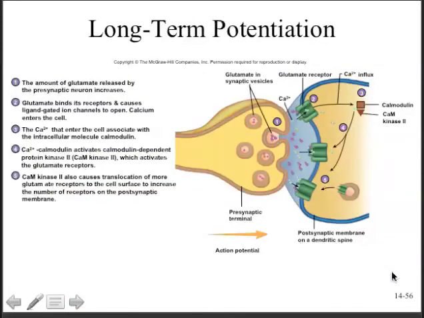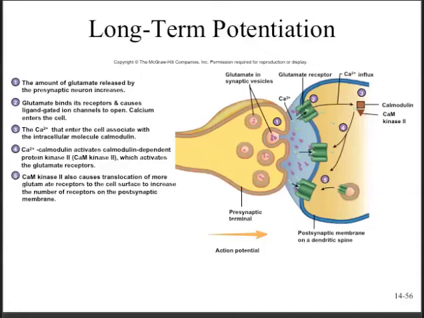So one of the theories behind how this happens is potentiation. The amount of glutamate released by the presynaptic neuron may increase when we use a particular neural pathway over and over again. The glutamate binds its receptors and causes ligand-gated ion channels to open. This causes calcium to enter the cell. The calcium that enters the cell associates with the intracellular molecule calmodulin, which activates calmodulin-dependent protein kinase 2, which activates glutamate receptors.